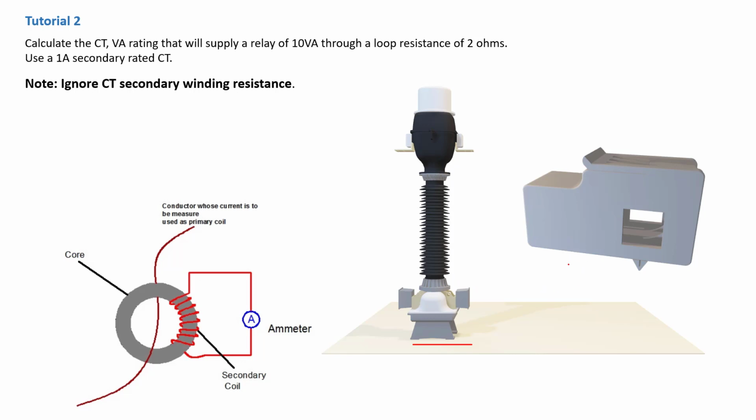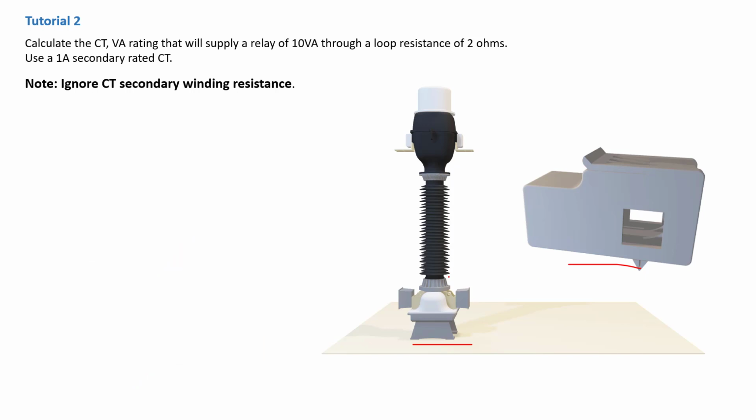This small one can also be for high voltage depending on the size, but these are mostly for low voltage, usually found in electronics equipment. Please watch the first tutorial where I talk in more detail about these two types of current transformer. There are many more types, but I'm just representing these two here.